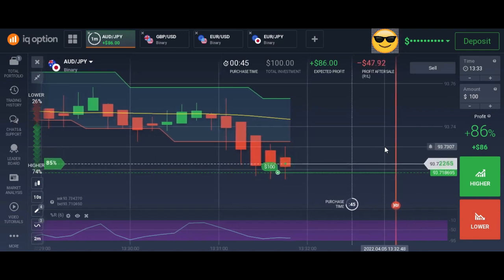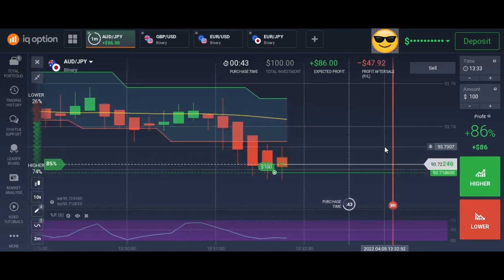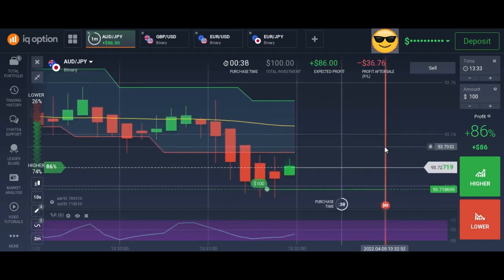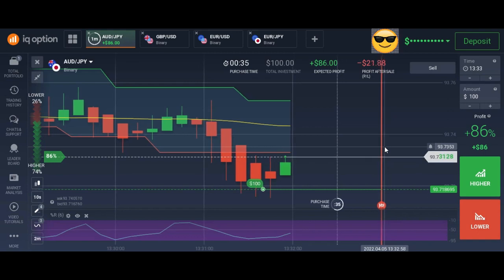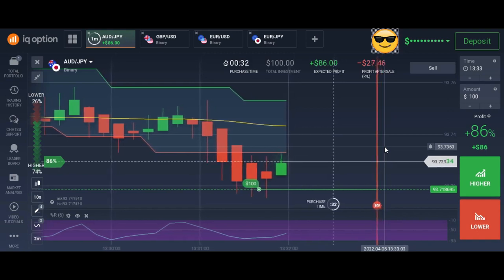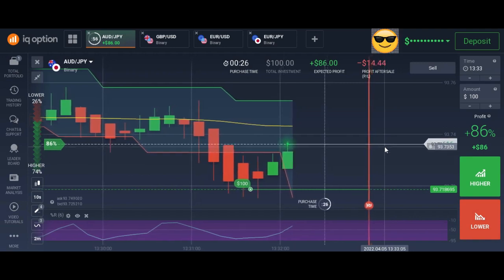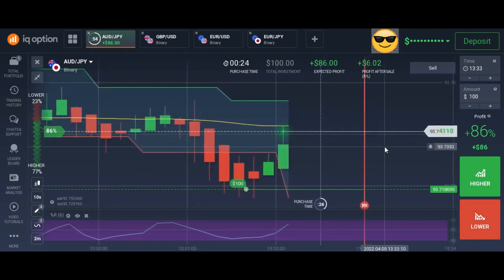Then a red candle started to break out of the fractal chaos bands, which tells us that at any moment the price is going to rise. That's why I made a 1 minute buy.